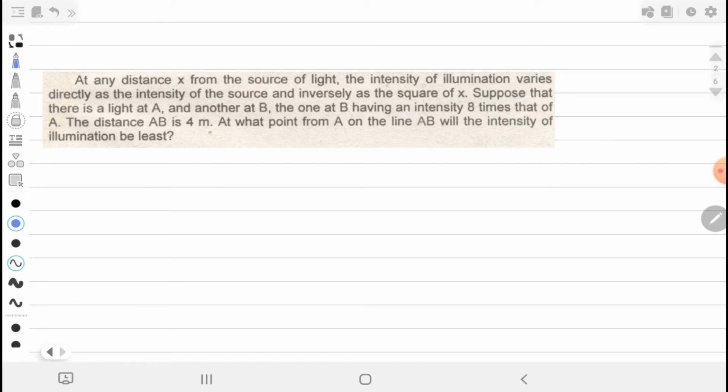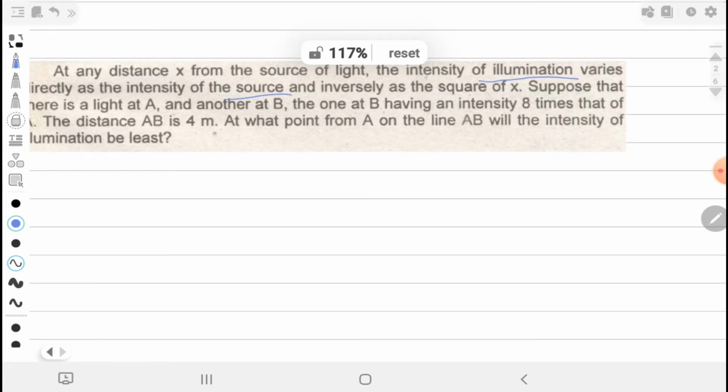It says here, we have a source of light. The intensity of illumination varies directly as the intensity of the source. So, let's say I will have IL for the intensity of illumination.